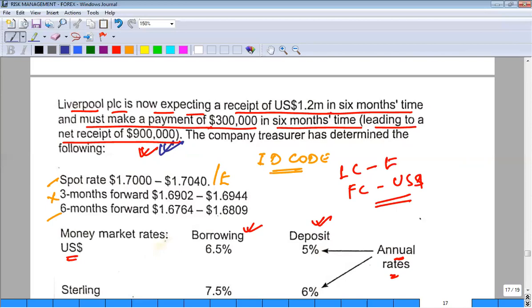So with respect to the bank on an indirect quote, lower is selling and the higher one is buying. We are here to sell, so the bank will buy the forward contract at 1.6809.